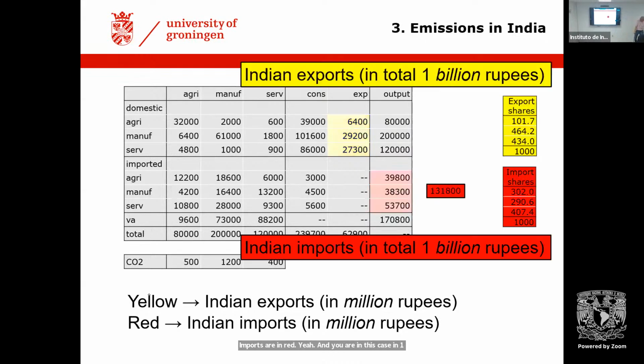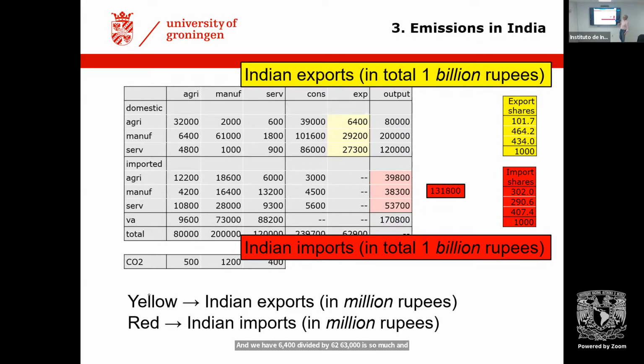Now, if India increases its exports by 1 billion rupees, and we take the average export bundle, so if we divide these numbers by the total here, that's 62,900, then we have 6,400 divided by 63,000 is so much, and these numbers add up to 1,000.